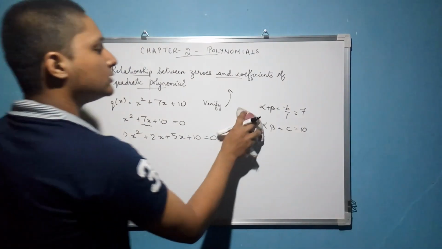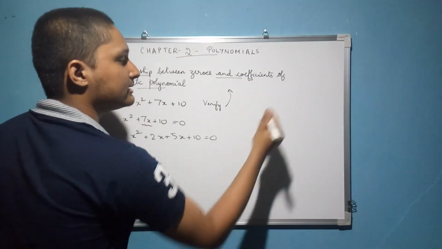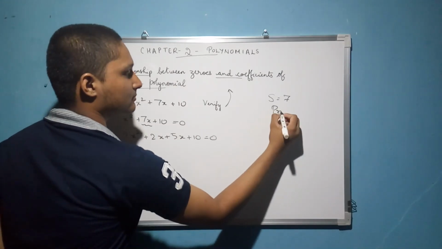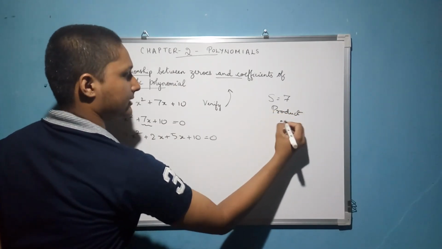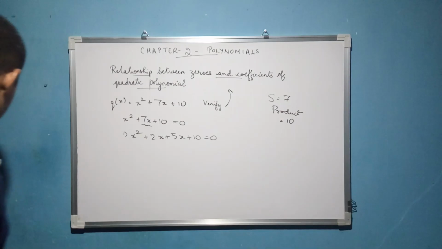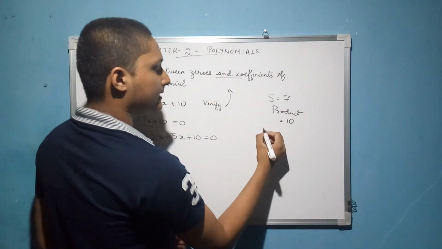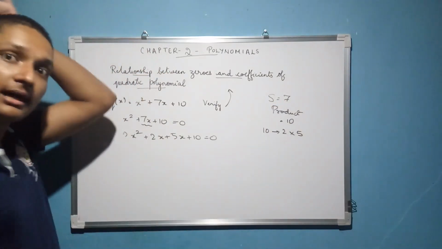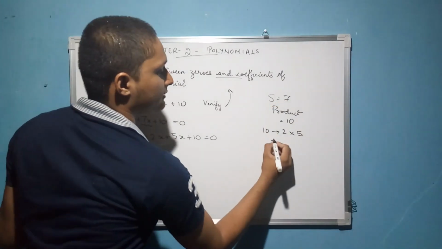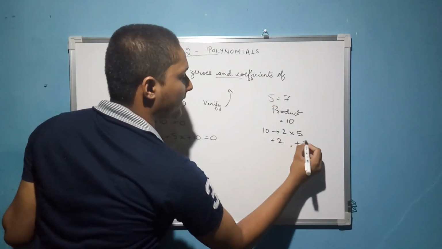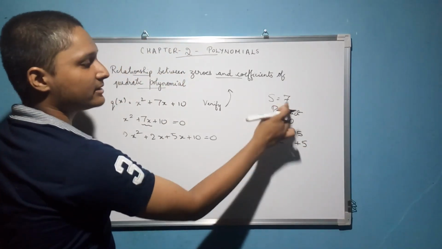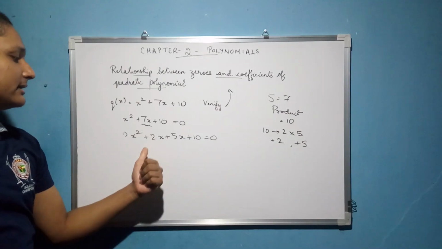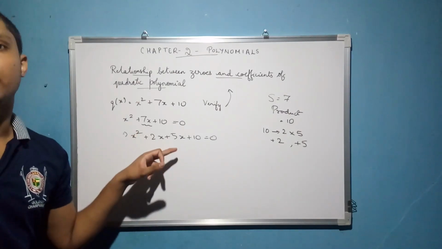So we need to find two numbers such that their sum is 7 and their product is 10. By prime factorization, 10 can be written as 2 into 5. Because the sum is 7, both need to be positive, that is plus 2 and plus 5. The sum gives 7 and their product gives 10. So because of that I have divided this 7x into 2x and 5x.